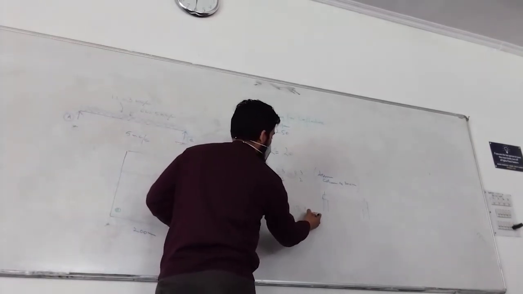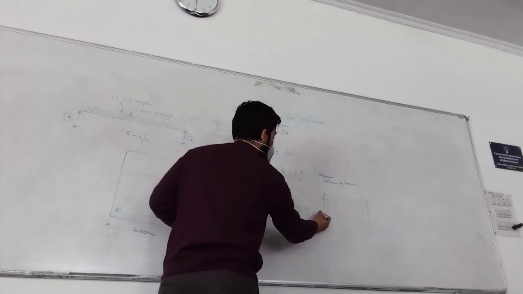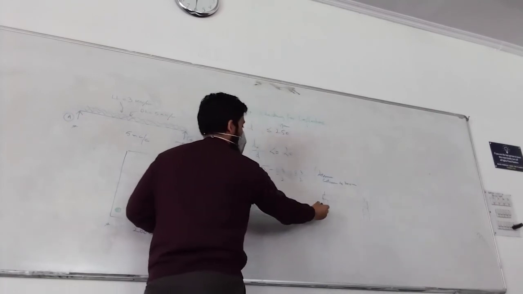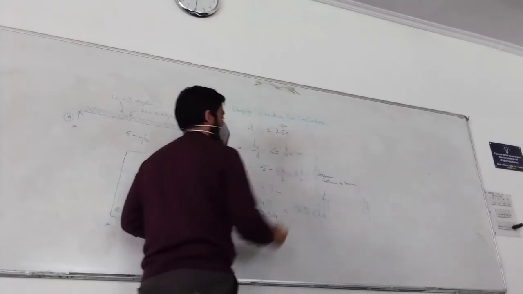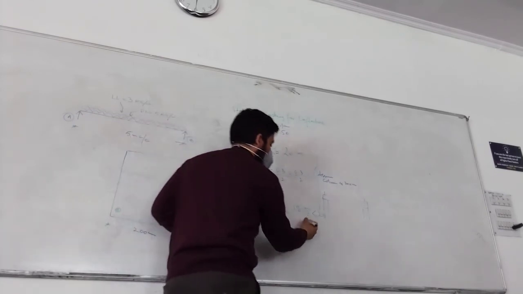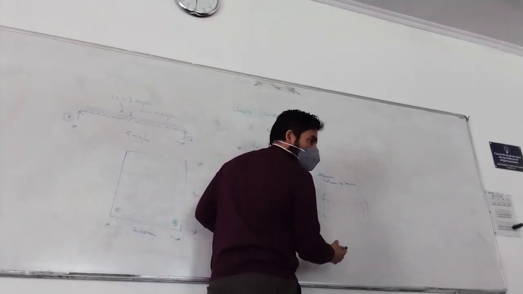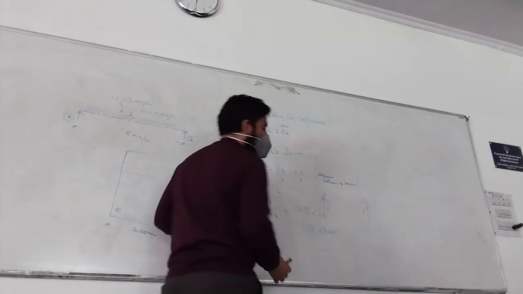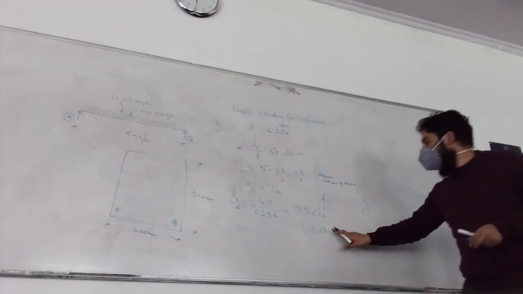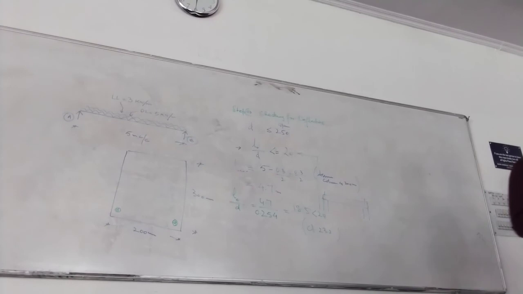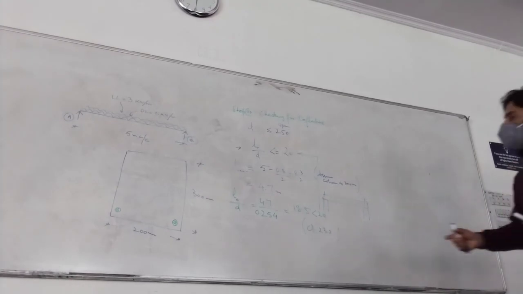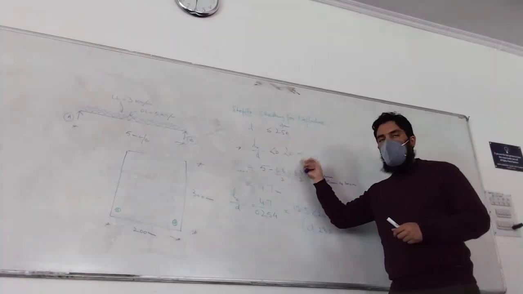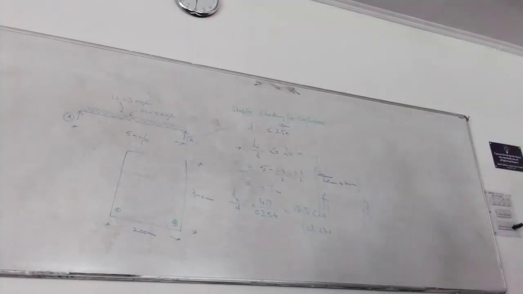Now this is less than 20, जो कि कोड आपको कह रहा है, which clause 20.1.2, so this clause number है for simply supported it should be less than or equal to 20.